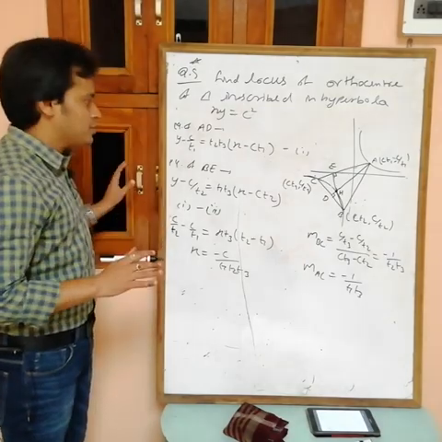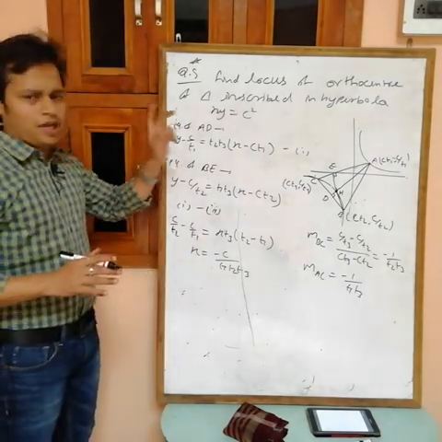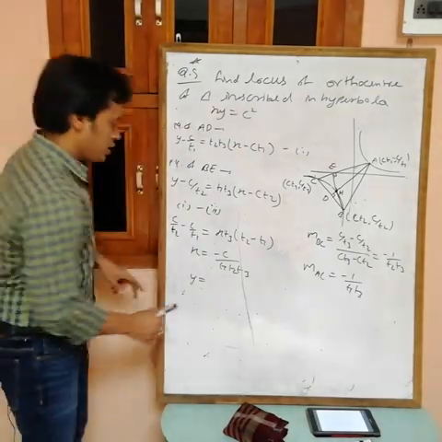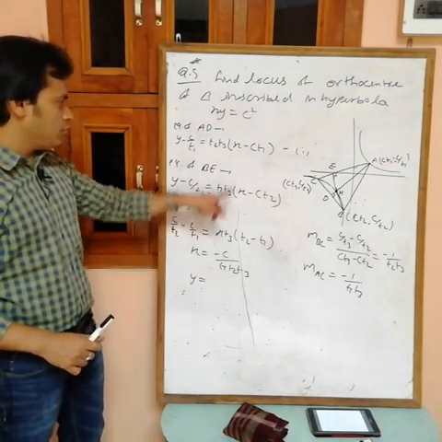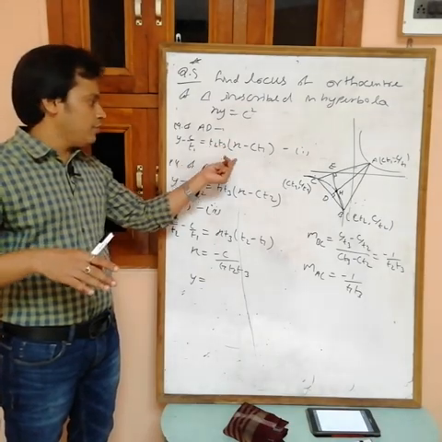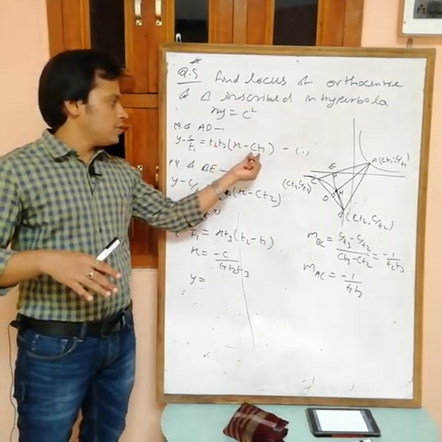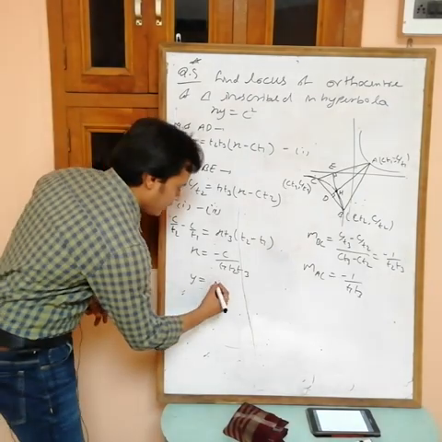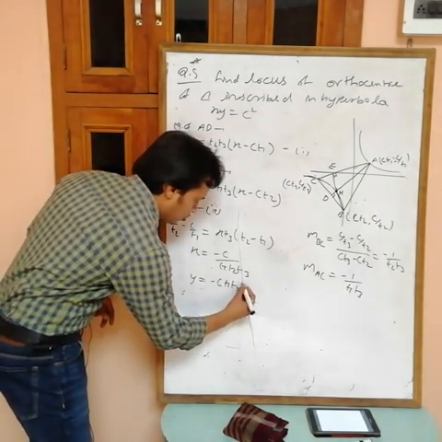This is the value of x. If you put the value of x in any equation, then you will get the value of y. Suppose I am putting minus C by T1 T2 T3 here, then T2 T3 cancel out, minus C by T1 cancel out, and this one minus CT1, you will get the y value as minus C T1 T2 T3.